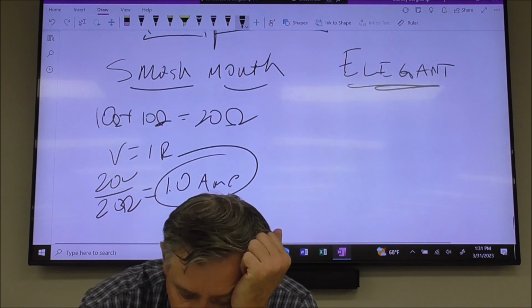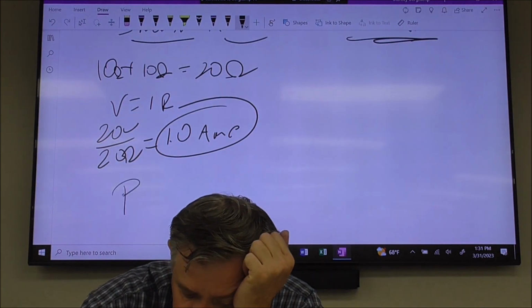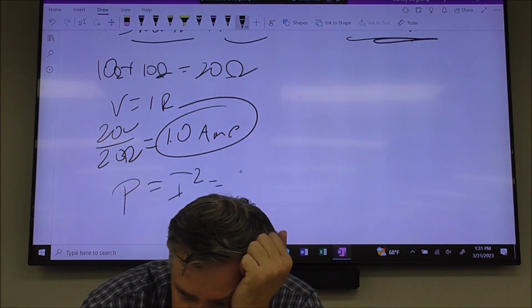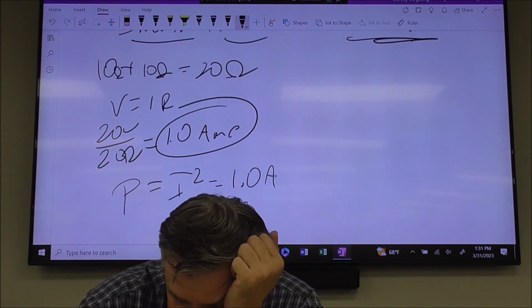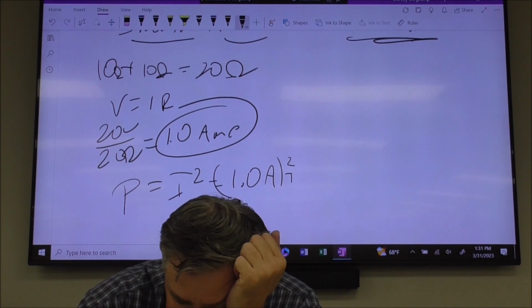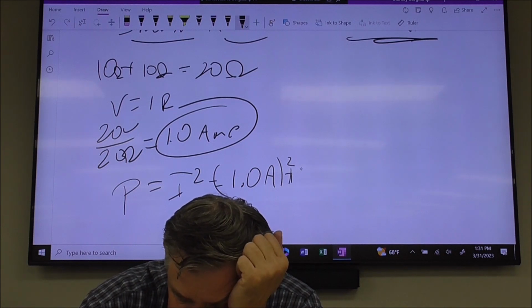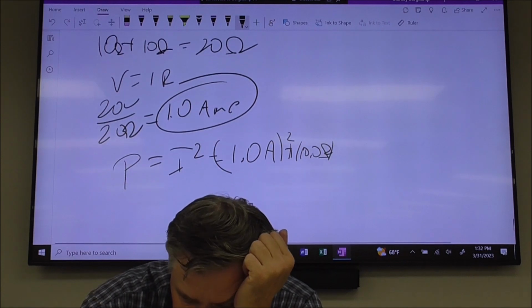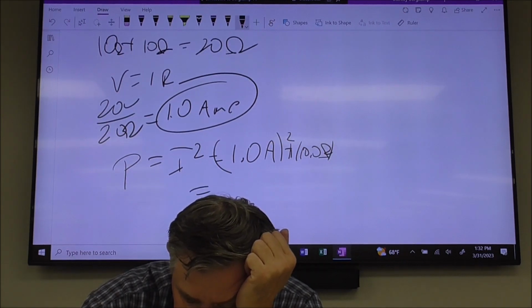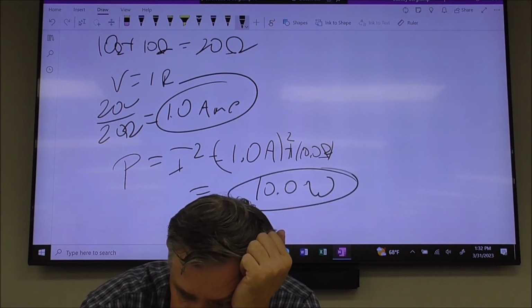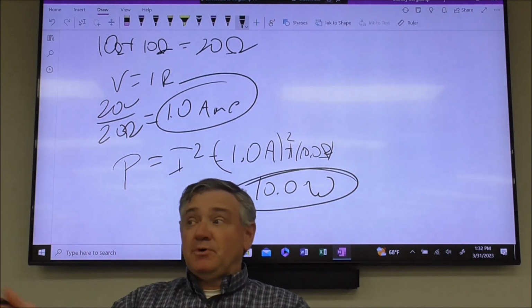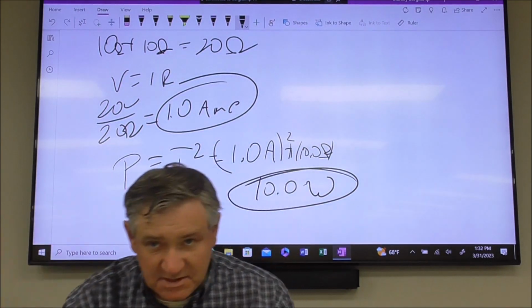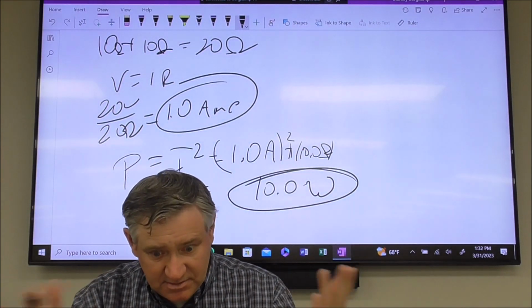So if you look at I squared R, I've got 1 amp squared times that resistance of 10 ohms, and you get 10 watts. Each bulb is going to have the same brightness because they're in series. Nothing's going to change.